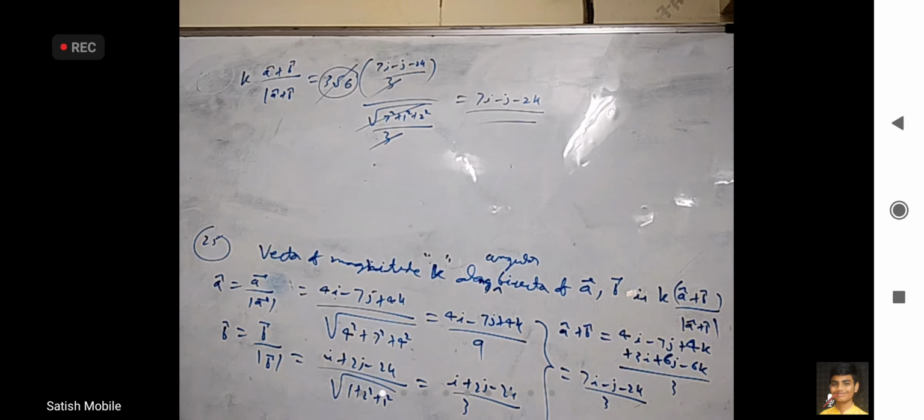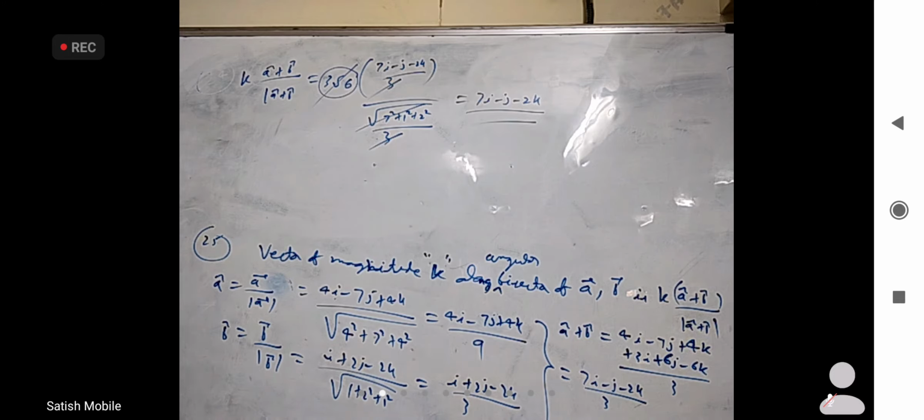27 here is directly a formula, right? A k plus by 9, no?